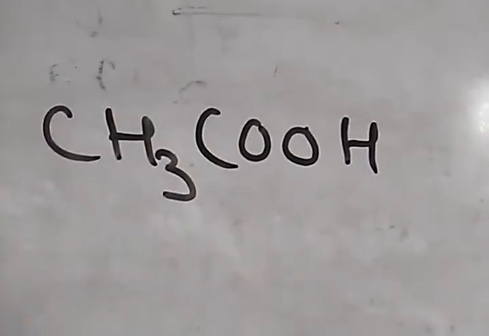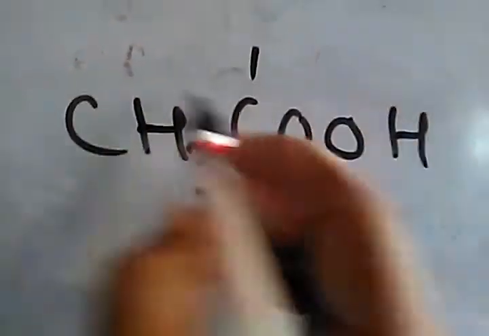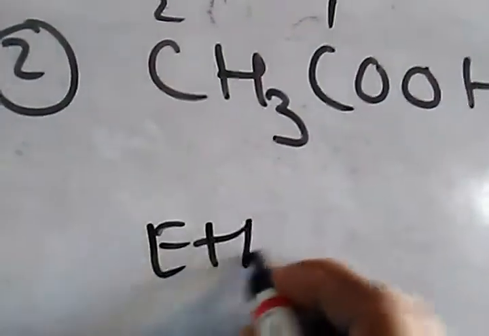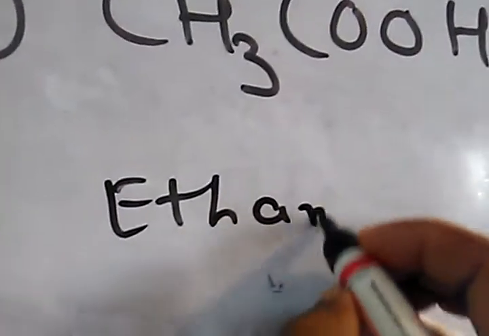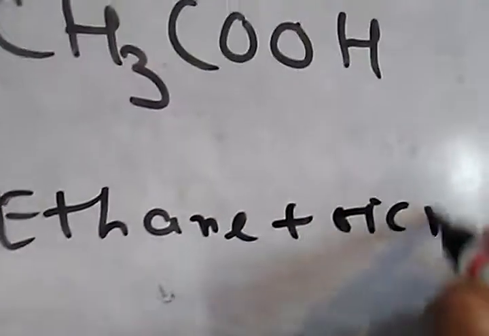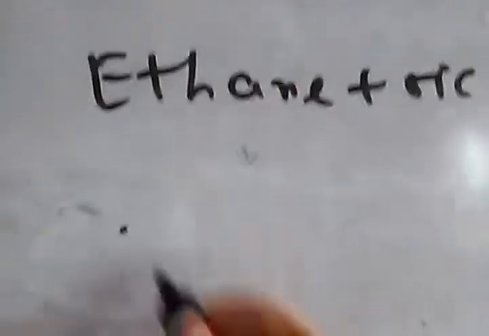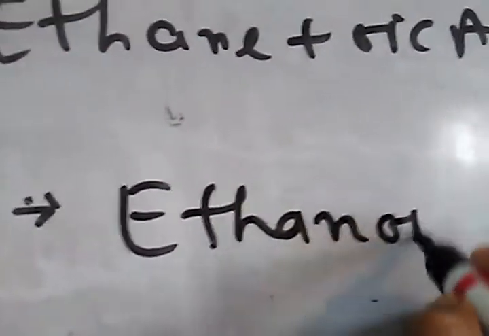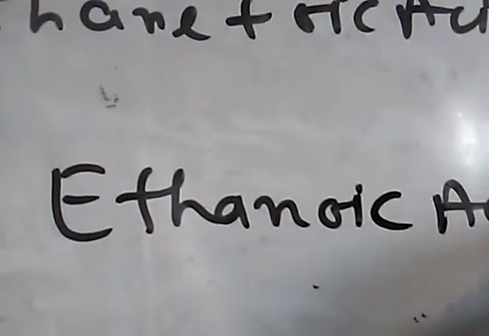Next example is CH3COOH. There are two carbon atoms in this compound, that is ethane plus oic acid, and its name will be ethanoic acid.